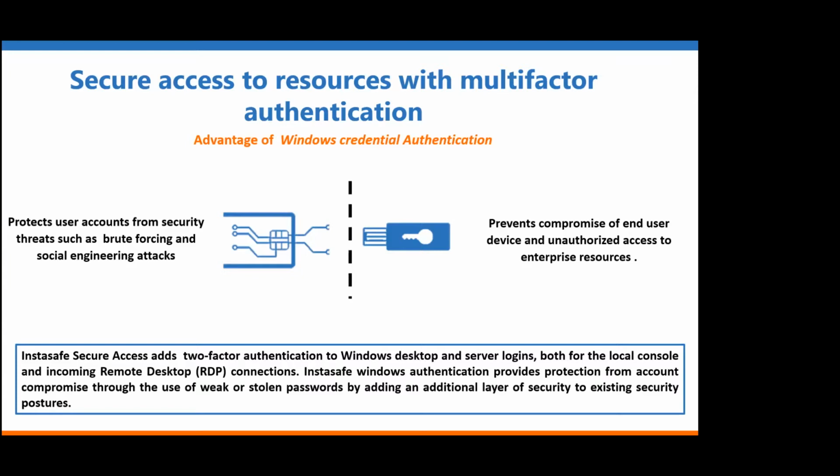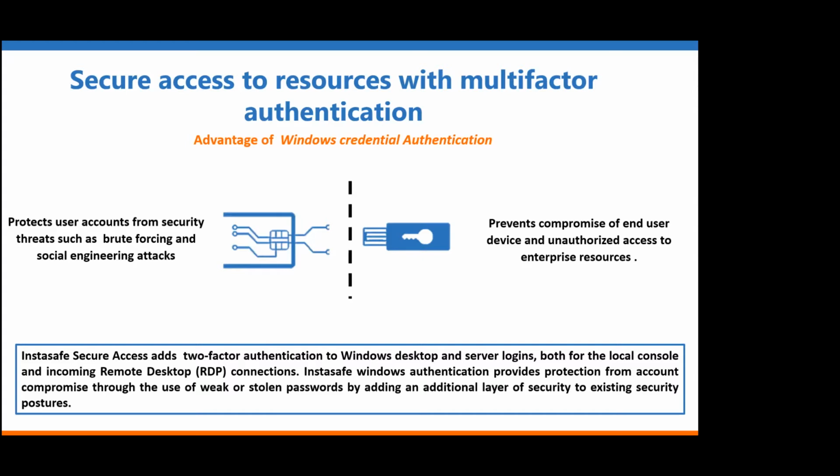Now, with InstaSafe Credential Authenticator, once multi-factor authentication with InstaSafe credentials is enabled, users have to authenticate themselves in multiple stages. They first have to go through the user local password or via Active Directory. The second stage can be a password received via email, SMS, biometric, etc. Implementing multi-factor authentication with Windows greatly reduces the loss of sensitive data.